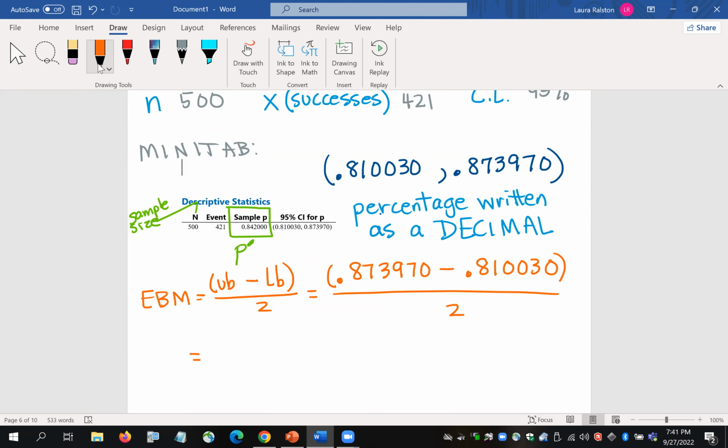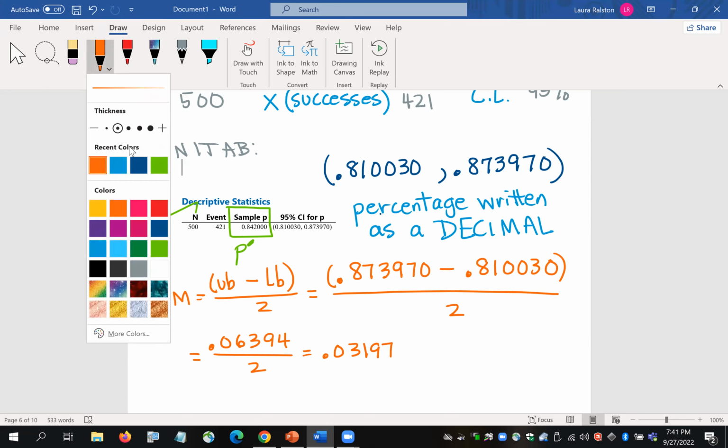Okay, so we do the subtraction. 0.873970 minus 0.810030, which gives me 0.06394 divided by 2, which is 0.03197, which again is a decimal value.